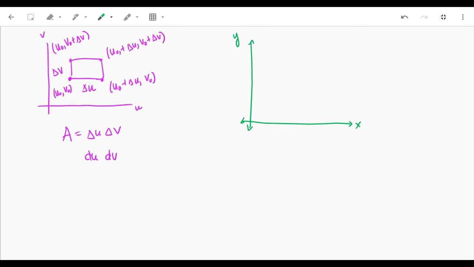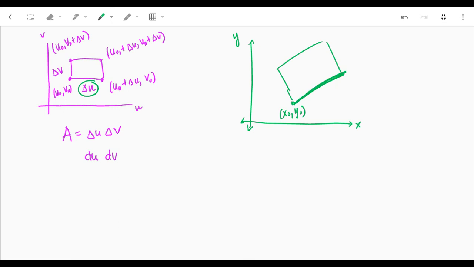Maybe it looks something more like this, and maybe x naught, y naught is here. Now let's say that this delta u side maps onto this side here.